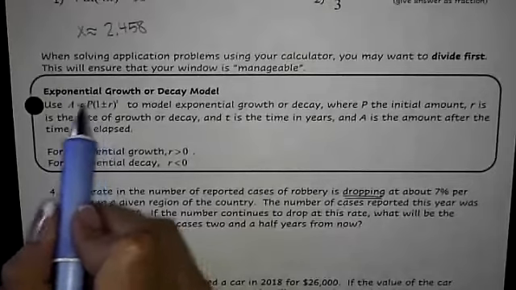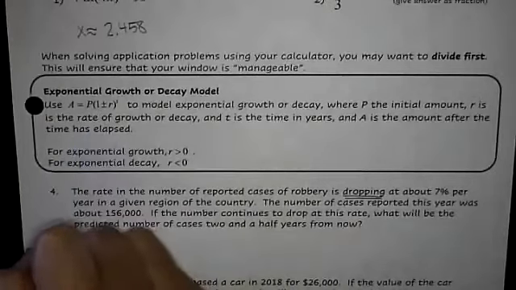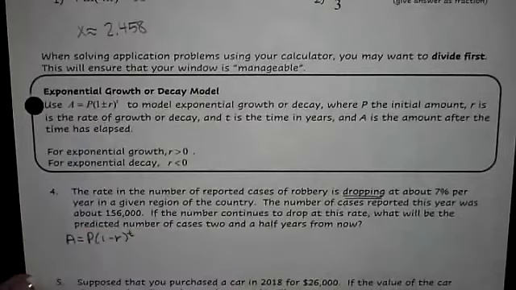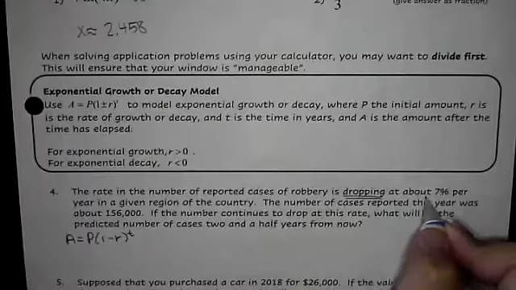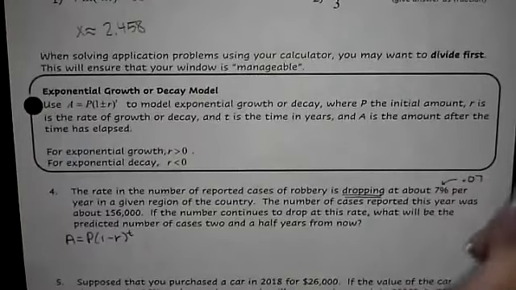So we would want to use this model with the minus. The other thing you got to be careful with is the percentages. When we use this in the formula, we need to just change it to a number. To change a percent to a number, you move the decimal over 2 places. So 7% becomes 0.07.